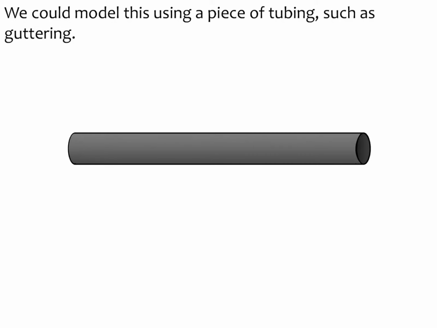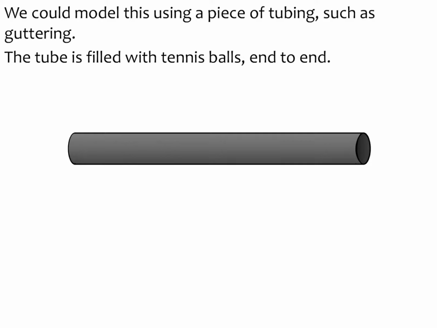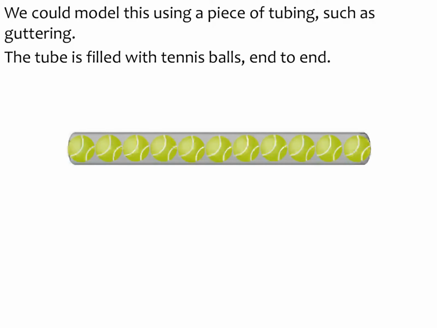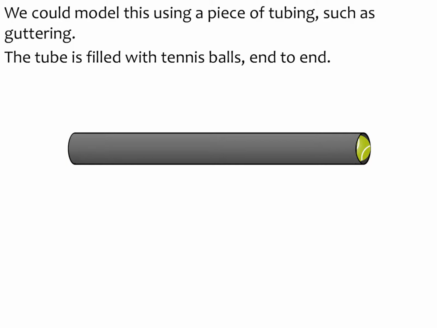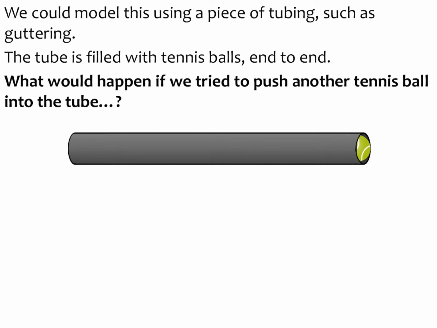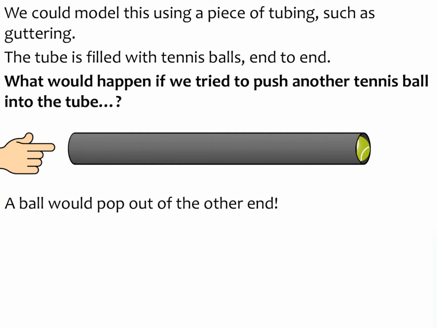So we can model this using a piece of tubing, for example some guttering pipe. The tube would be filled with tennis balls end to end, just like that. What would happen if we tried to push another tennis ball into this tube? Now as we push the tennis ball in, a ball would pop out of the other end.